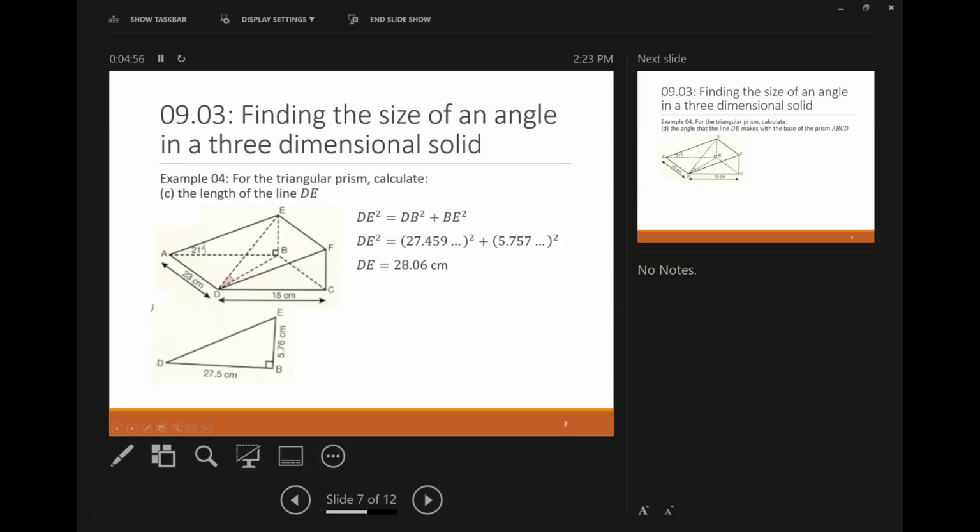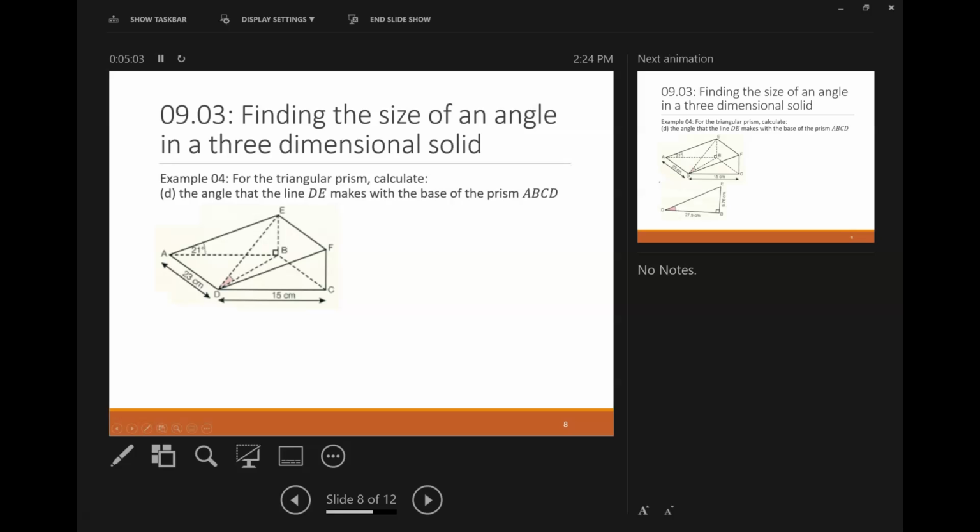The last thing we're asking for now is this angle EDB. How can I find that? Well, I can use any of sine, cosine, and tangent because I know all three sides in this calculation triangle, right?